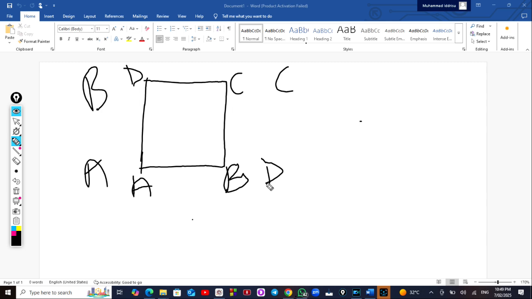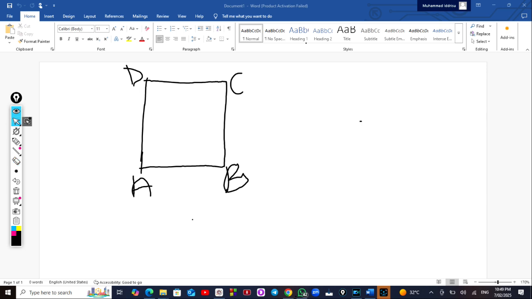No. Arrange it whether in a clockwise or anti-clockwise form. Both are acceptable in a mathematical context. Okay, so this is the pictorial representation of what they are telling us.